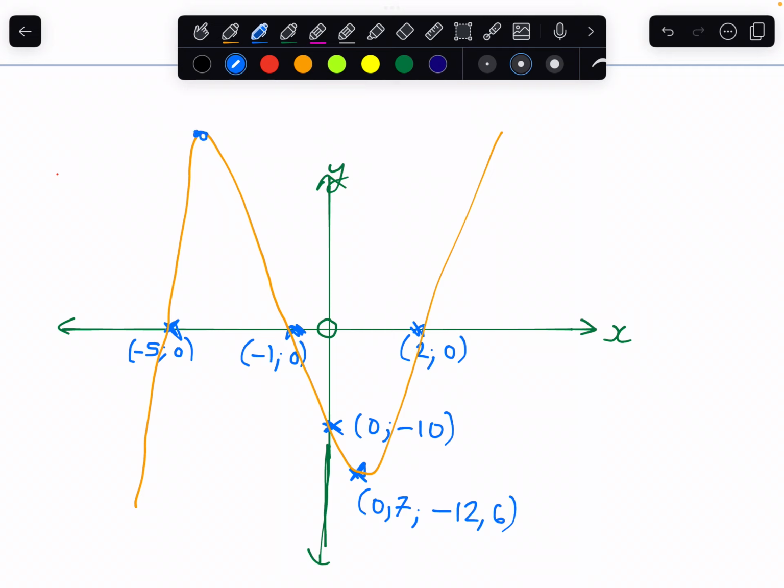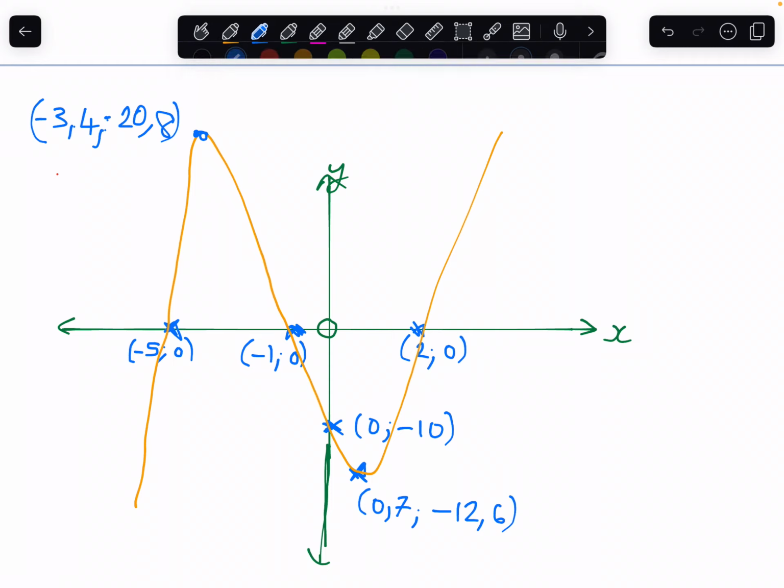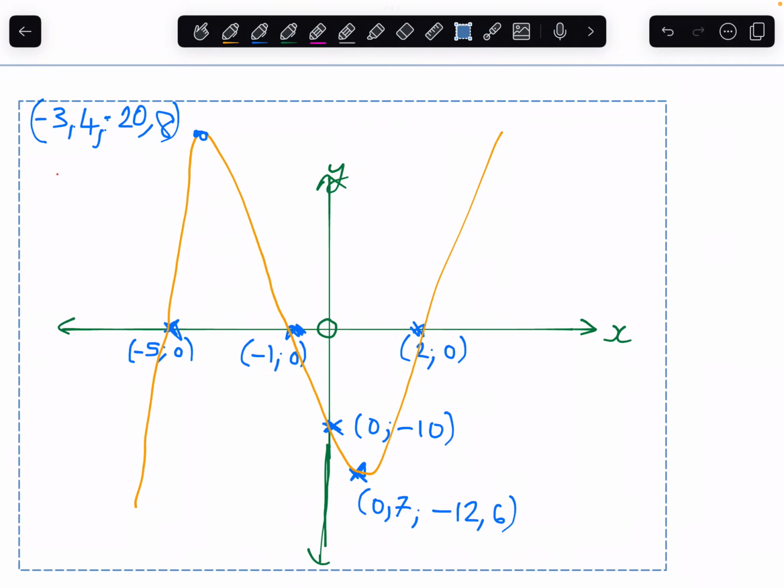So this turning point, I think, was at -3,4 and 20,8. Okay, right. So now let's see if we can shrink our graph. Actually.